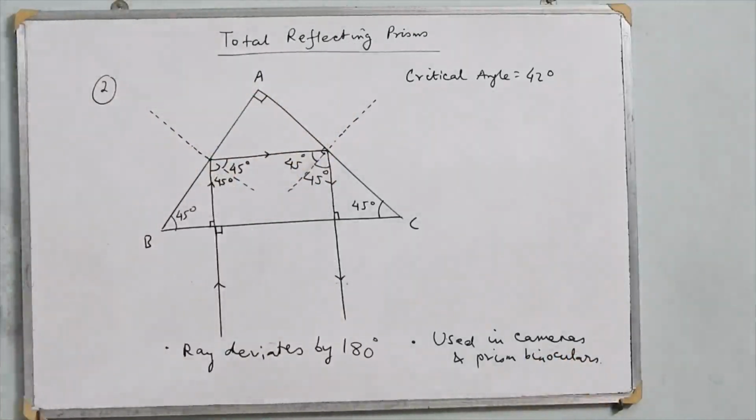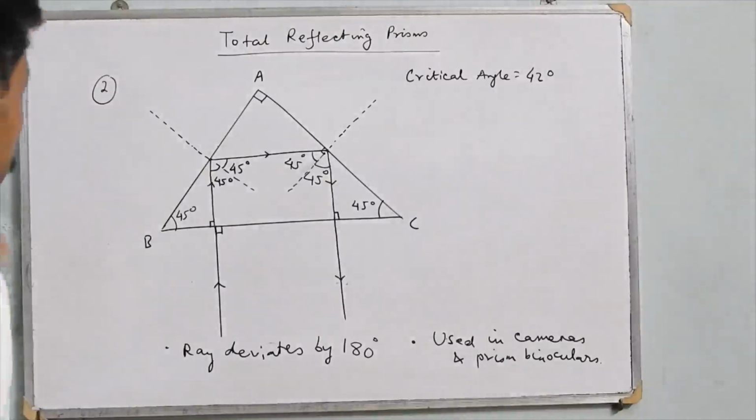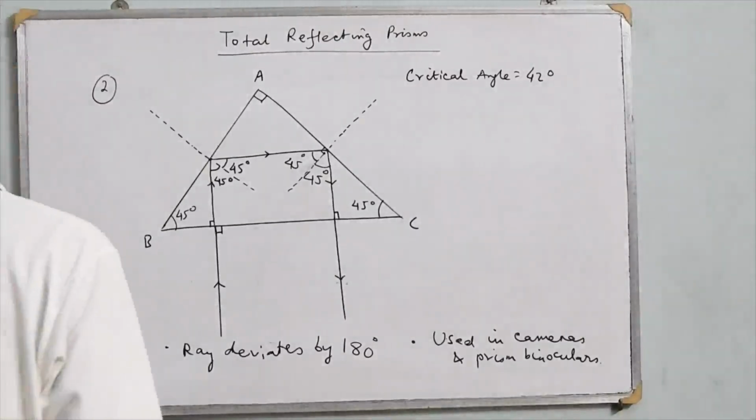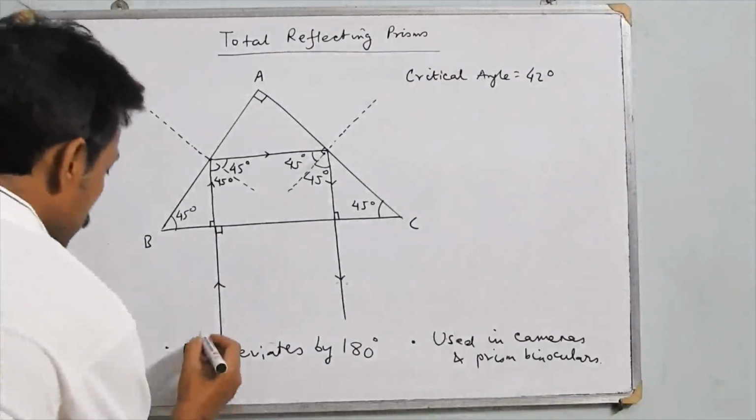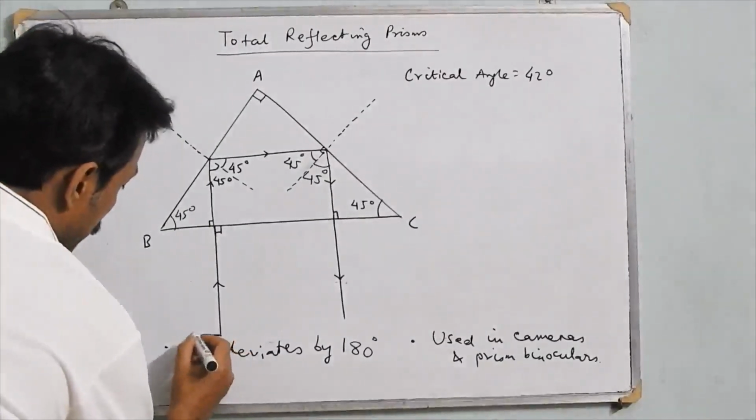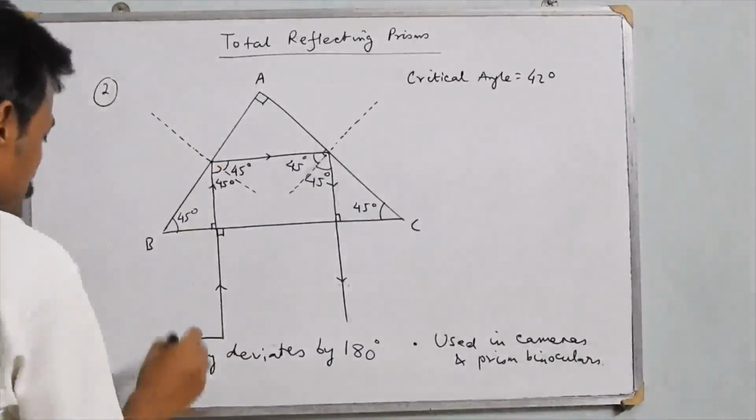So actually, you can also get an image which is rotated by some specific angle in this case. So suppose, let me draw another pair of ray, then you will understand it. Suppose this is the object, suppose this is an extended object. One ray I have shown, let me show another ray.